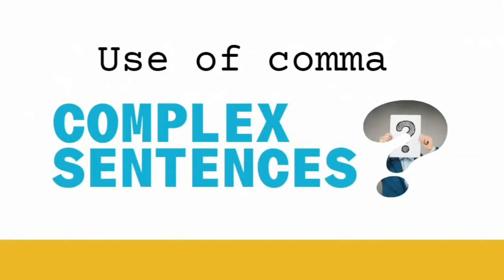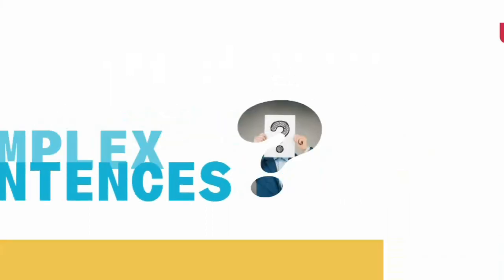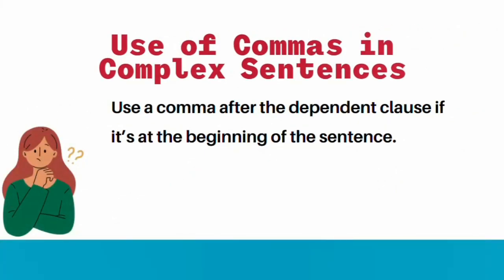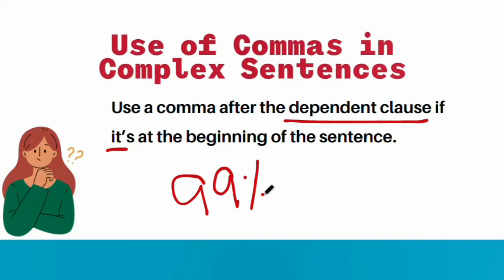Now let's check out the most important thing, the use of commas in complex sentences. So here you are. You need to use a comma after the dependent clause if it's at the beginning of the sentence. This is a kind of convention or grammar rule that is followed almost in 99% of complex sentences.